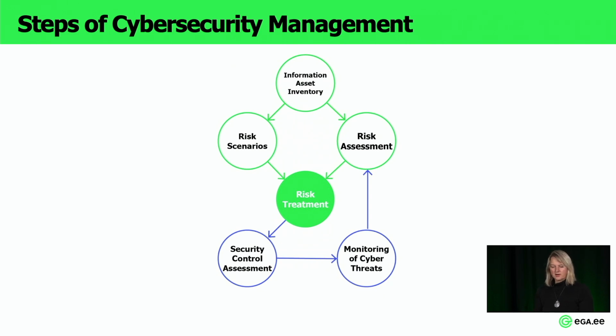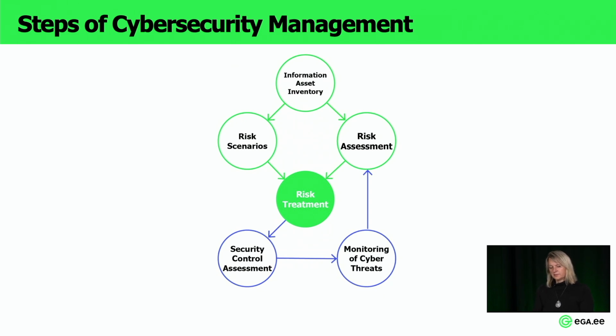It starts from the asset inventory. Every organization should know what kind of assets they really own. What are the IT systems they use? So the list of assets is the first step to really start the management of cybersecurity in your organization.